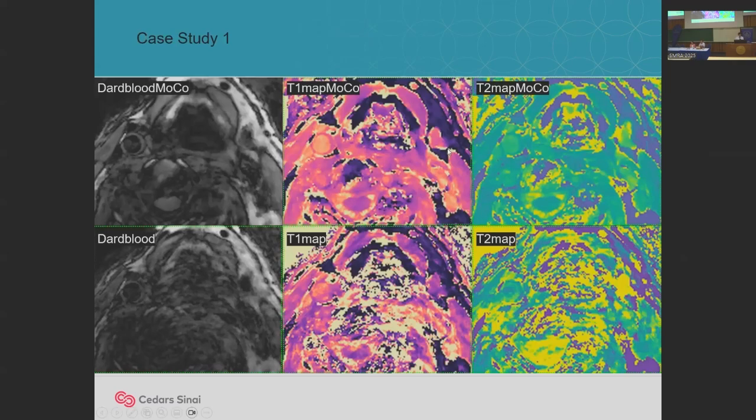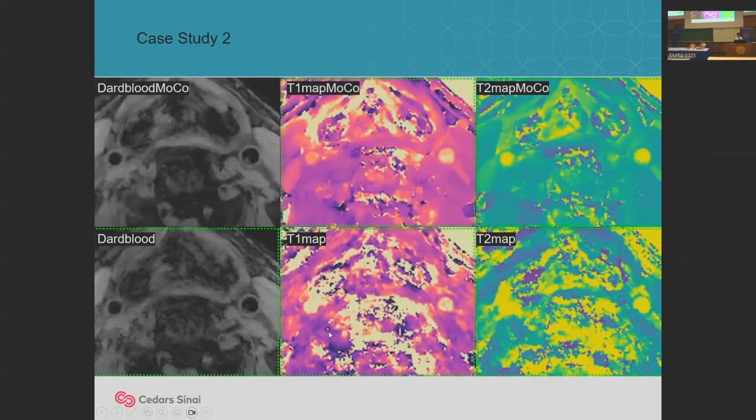In this example, the top row is a MoCo image from the Q-match reconstruction. Looking at the normal vessel wall area, it can be well delineated, and the T1, T2 maps are much more uniform and less noisy compared to the conventional Q-match reconstruction shown on the bottom row.